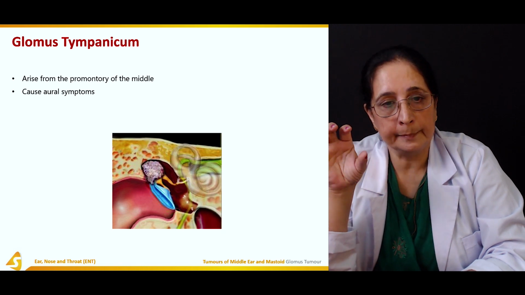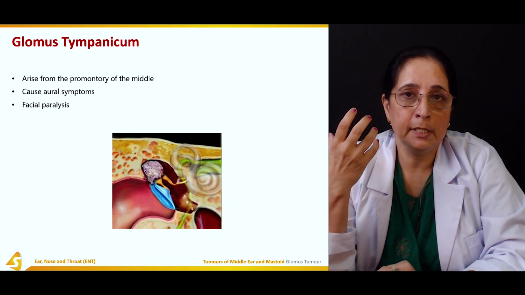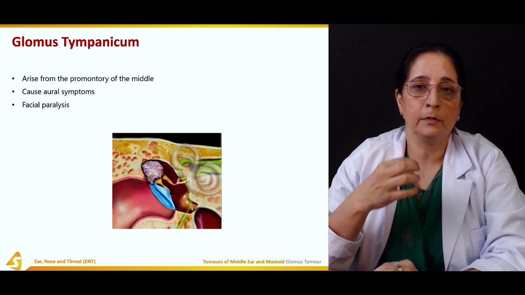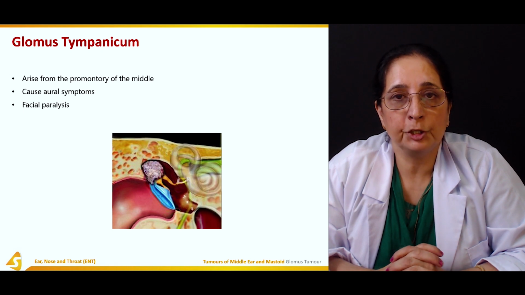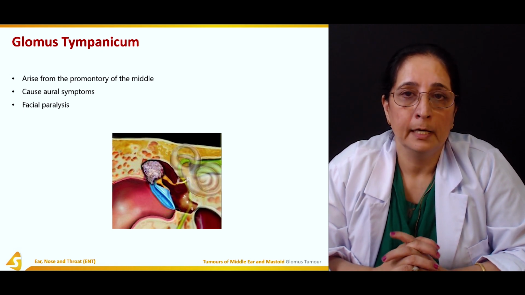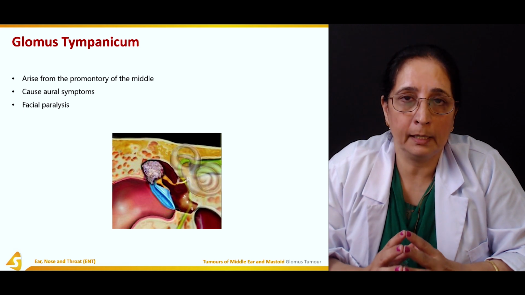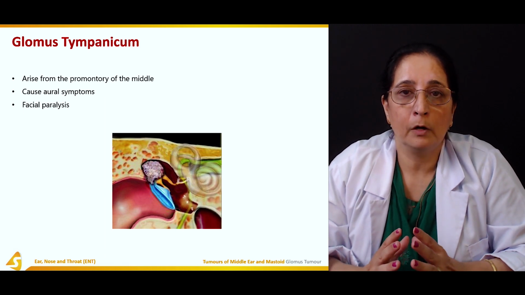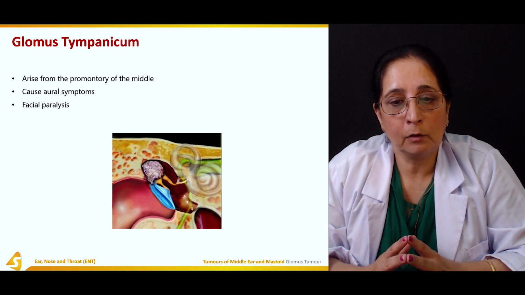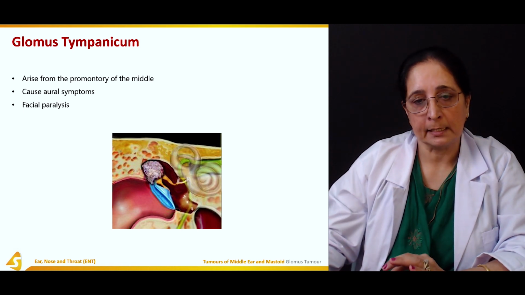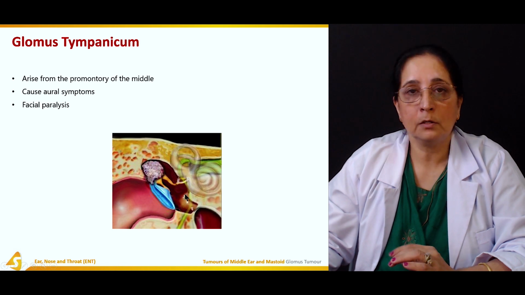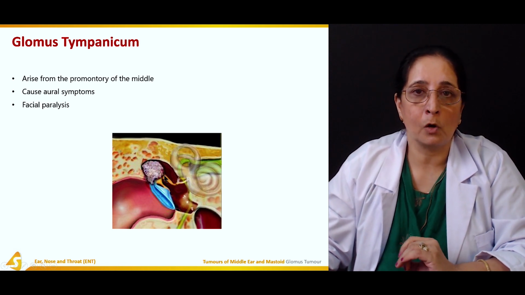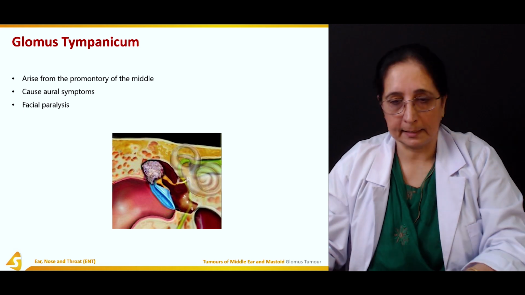It causes aural symptoms, meaning the symptoms of the ear, because it is from the tympanic branch of the ninth cranial nerve. Tympanic is the eardrum or tympanic membrane, and it can cause facial paralysis. So that's the location, in the middle ear close to the ossicles, causing auditory symptoms, and it can cause facial paralysis.